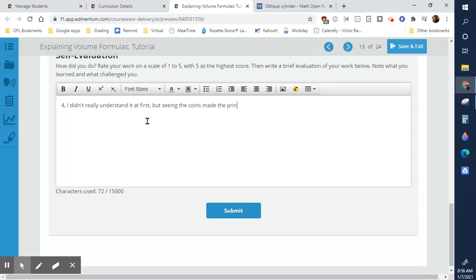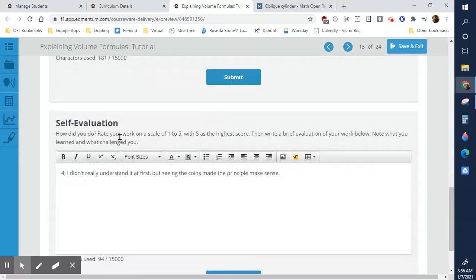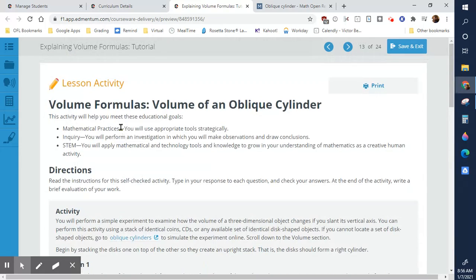And if you're still having trouble understanding it, it's fine. This is a good spot to write down what you're having trouble with, and you can even tell your teacher, I was having trouble with slide 13 out of 24.